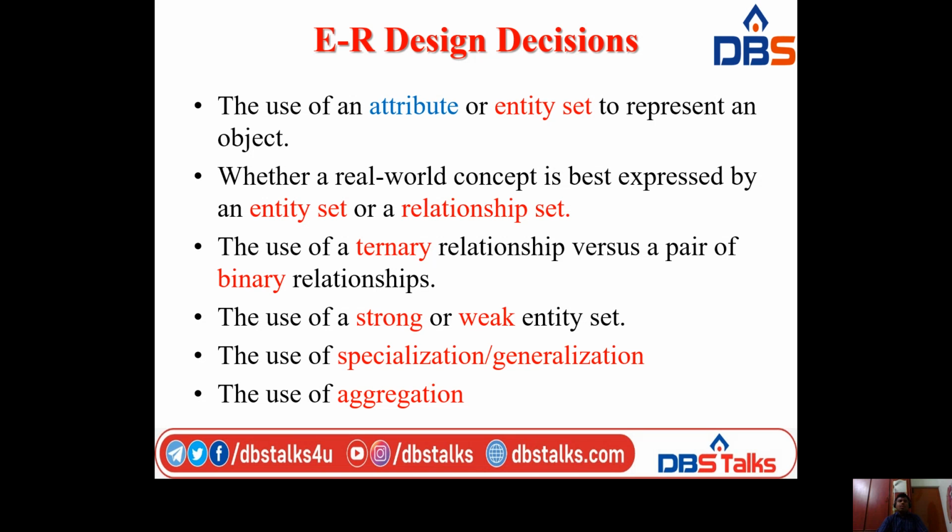The use of strong or weak entity sets: how we use the strong and weak entity sets, how we prepare the primary key for the weak entity set, etc. Then the use of specialization and generalization: how we use the generalization concept and the specialization concept also specifies the decisions. Now the use of aggregation: by combining these, we perform the aggregation.